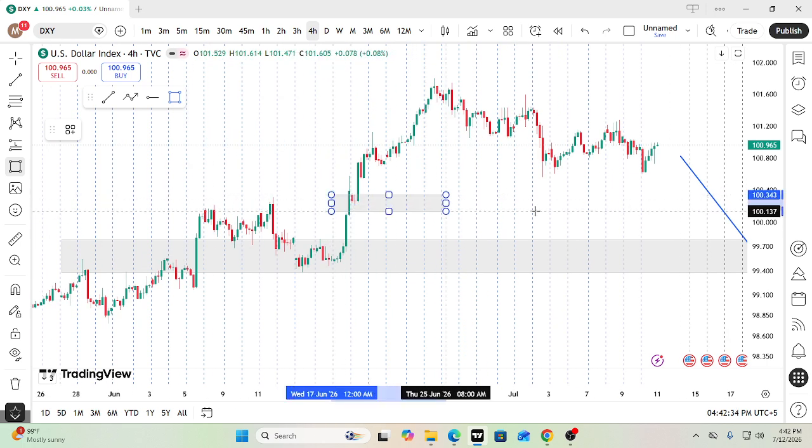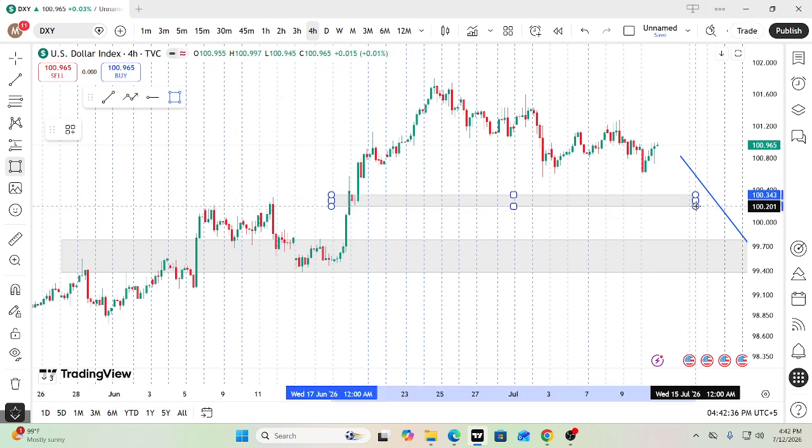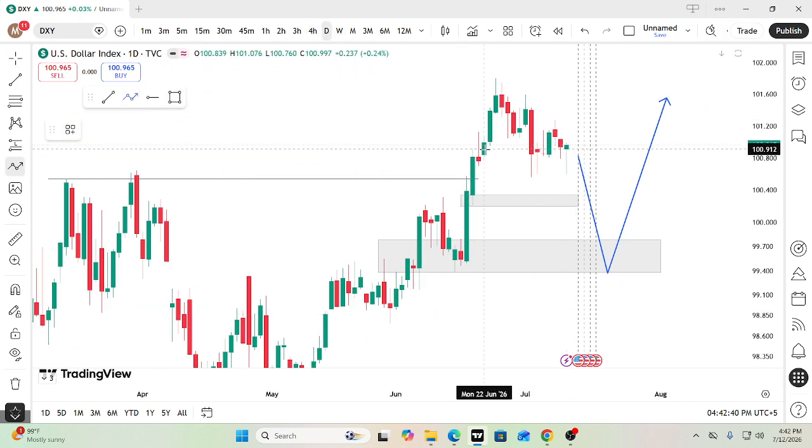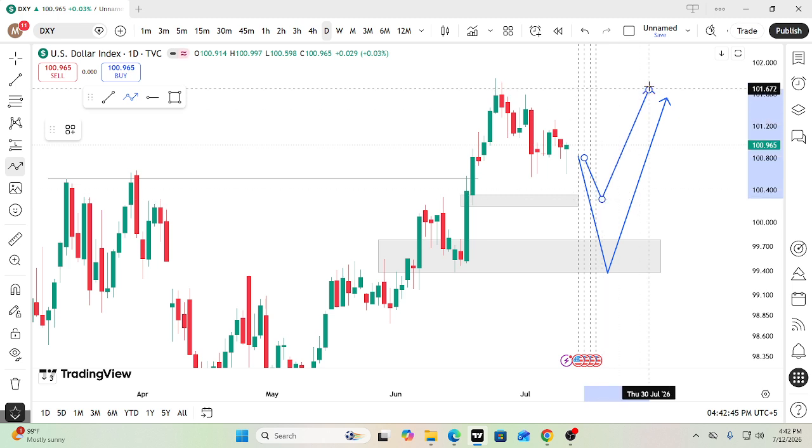This area is also a support area. So it may bounce from this level, but this level is better for buying.